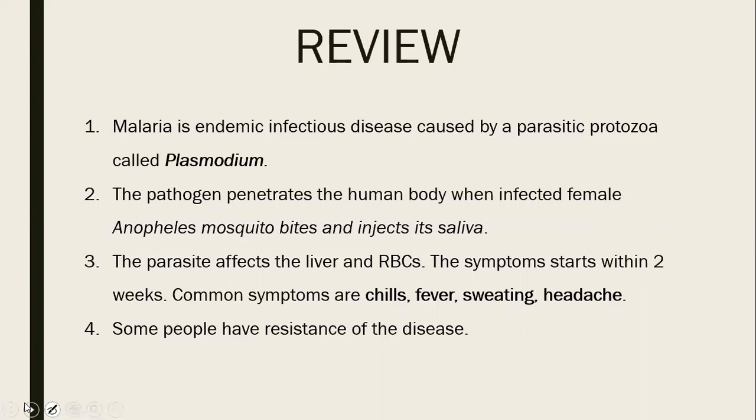The symptoms start within 2 weeks. Common symptoms are chills, fever, sweating, headache. Some people have resistance to the disease. So although they have the plasmodium parasites in their blood, they don't show symptoms at all. This type of disease is called an asymptomatic disease.